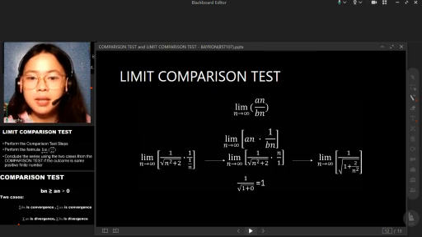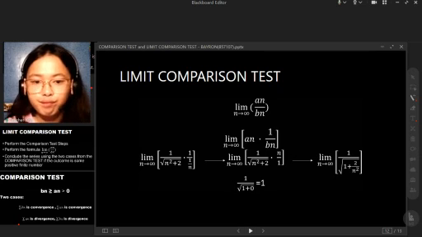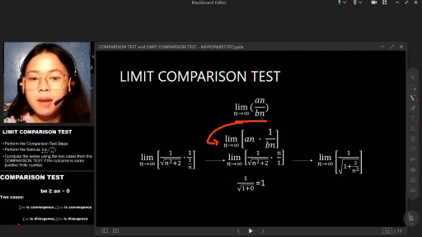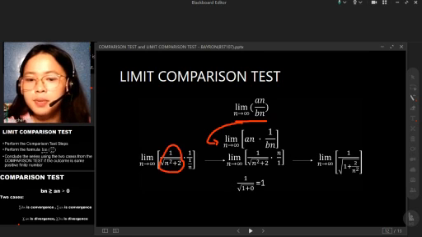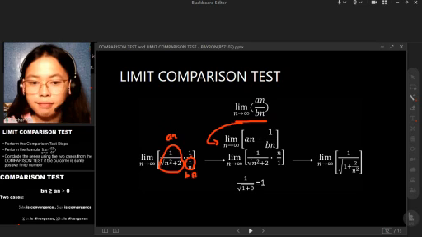We have the limit comparison test. This is the formula, and we've changed the structure of this. So we come up with this one: limit as n approaches infinity of a sub n times 1 over b sub n. We just simply substitute the a sub n and the b sub n.